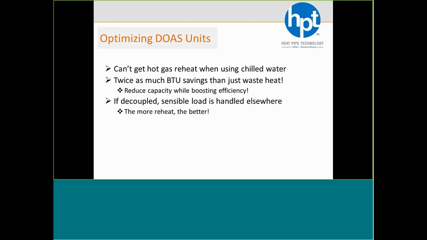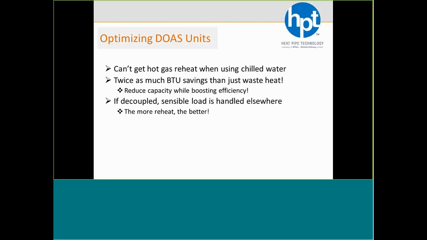So another little note on the DOAS units is typically they're decoupled and they've got some other terminal units downstream to handle the sensible load. So typically that's why you find DOAS units that are strictly there to handle humidity tend to have warmer discharge air than a mixed air system would.